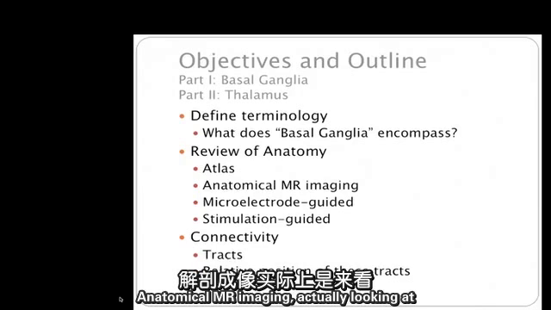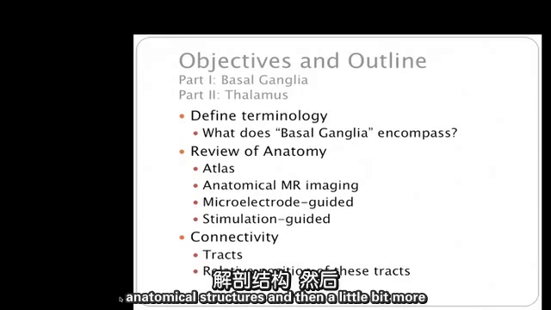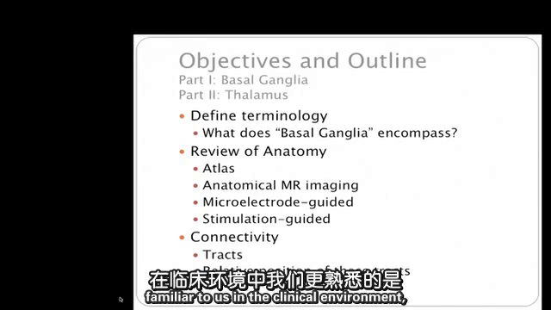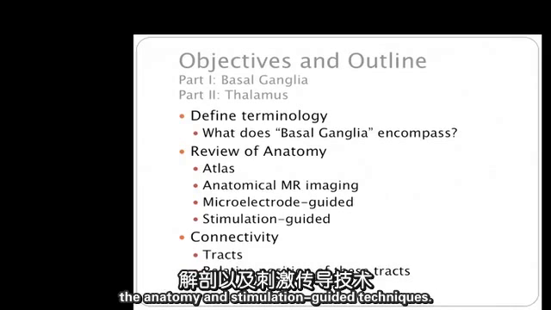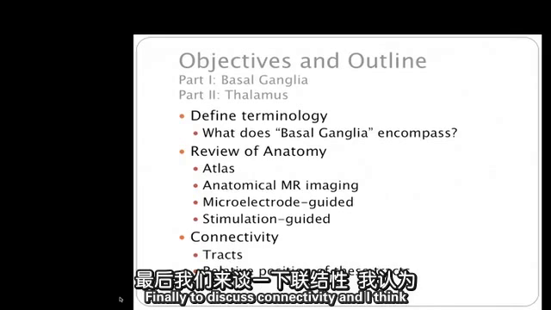Anatomical MR imaging, so actually looking at anatomic structures, and then a little bit more familiar to us in the clinical environment, using microelectrode-guided techniques and stimulation-guided techniques to define anatomy. Finally, to discuss connectivity.